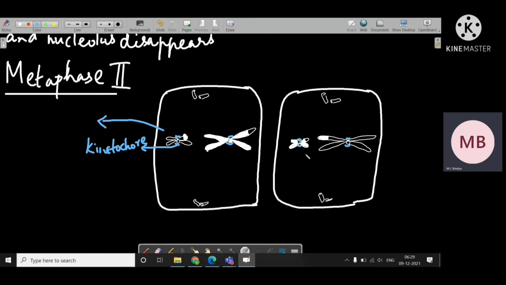The chromosomes are arranged at the equatorial plate, and the spindle fibers from the centriole attach to the kinetochore area of the centromere.